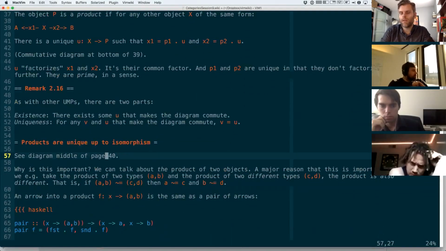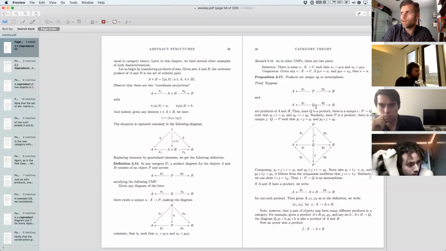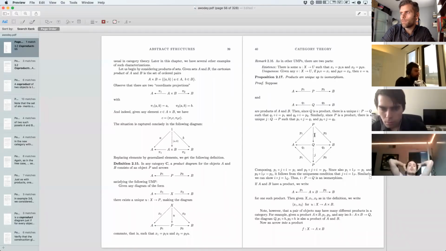Okay, so then he goes on to say that products are unique up to isomorphism, and he shows that in the middle of page 40. So, he says, okay, suppose that there are two different products, P and Q, and they're both products of A and B, right? We can show that they're the same. And it's pretty easy to show using just the diagram like this. So suppose that P and Q are both products.